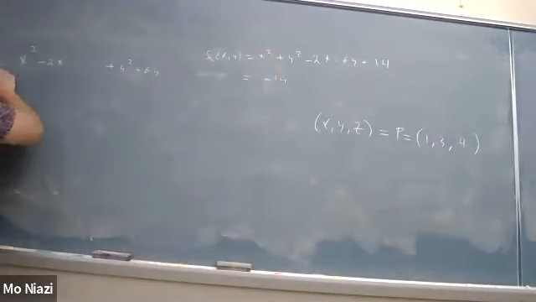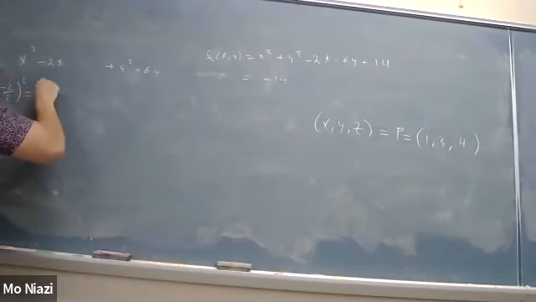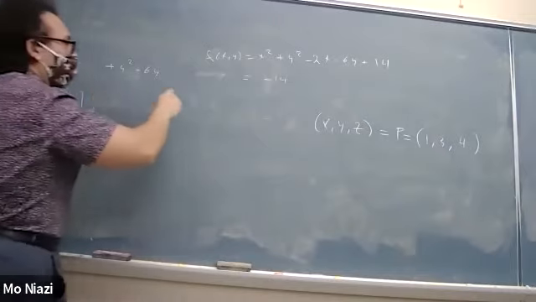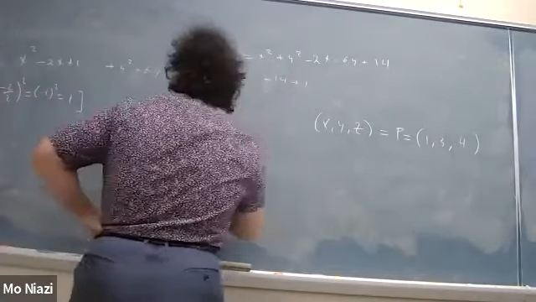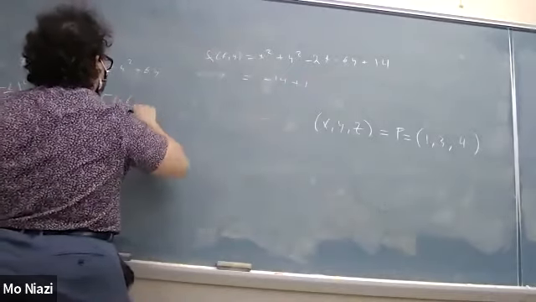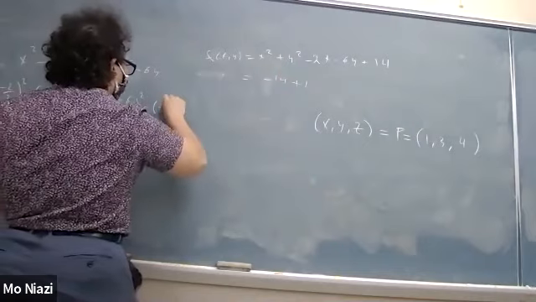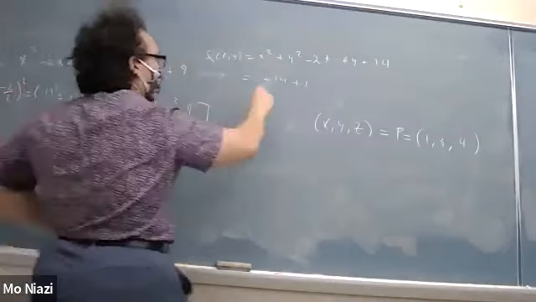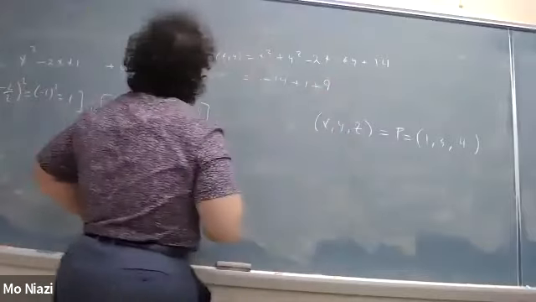And then I can complete the square in this variable. Very good. Add a 1 here, add a 1 here. Then I got to complete the square in this variable. Add a 9 here. Add a 9 here.